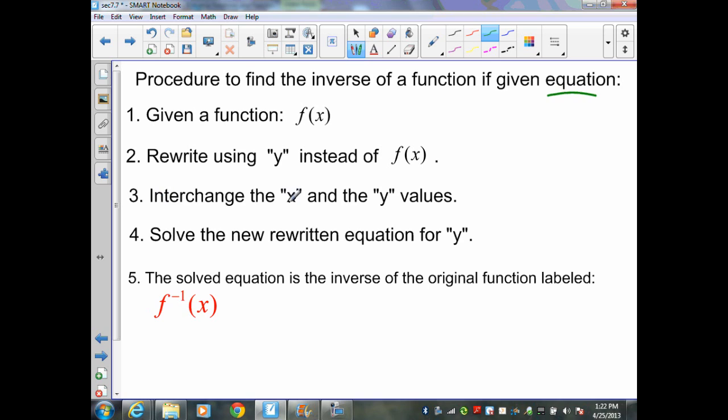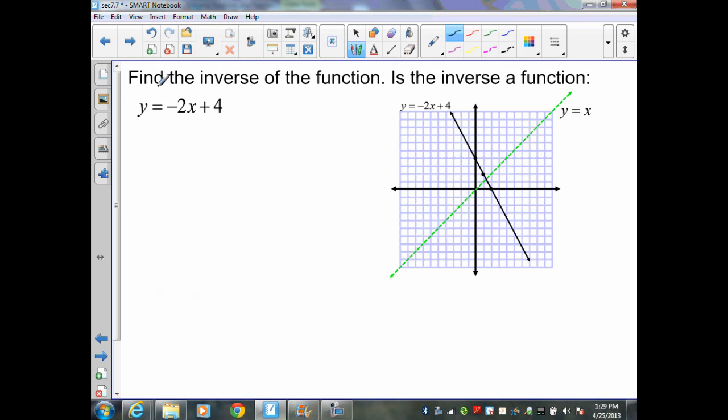I want to interchange the x and the y. In other words, I want the domain to become the range and the range to become the domain. Once I switch my x and y values, I want to solve for the new y. The solved equation is the inverse of the original function, labeled f negative 1 of x and called the inverse of f of x.